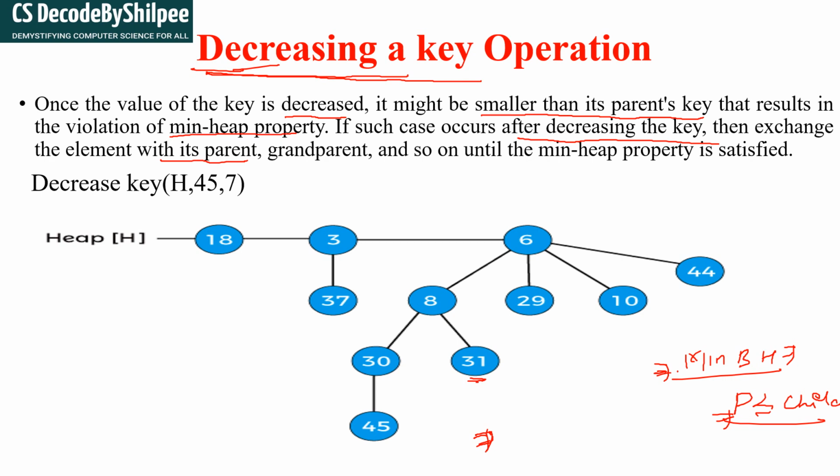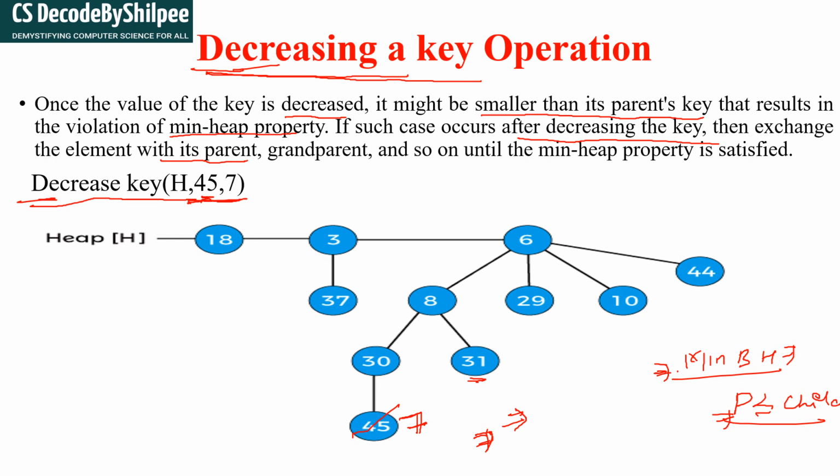Here it is given that 45 is going to be decreased to 7. I am assuming that I know where the key 45 is in the binomial heap. So here is the 45, and it is decreased to 7. Now check: is it still a valid binomial heap?